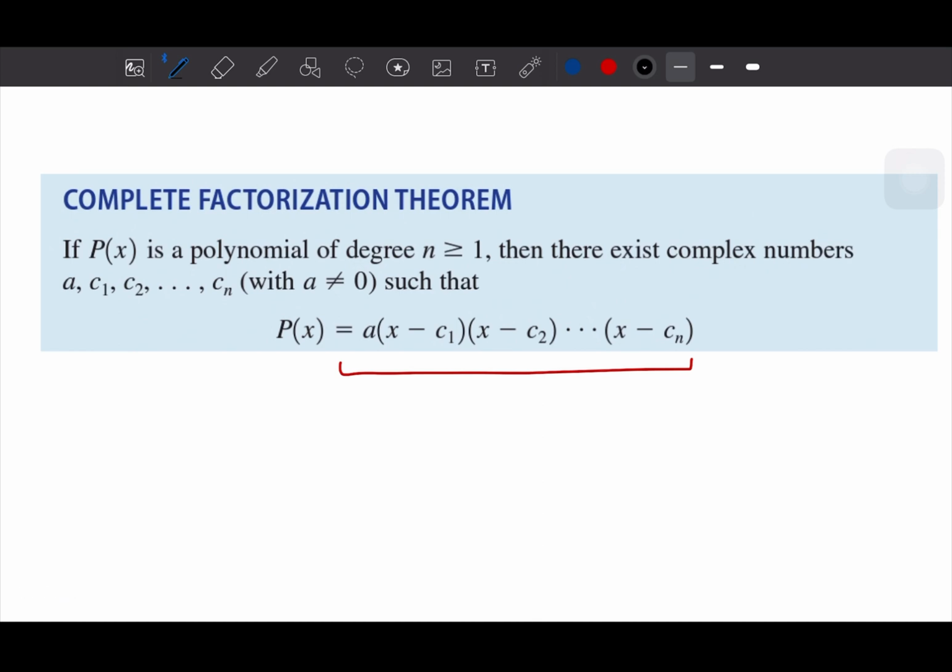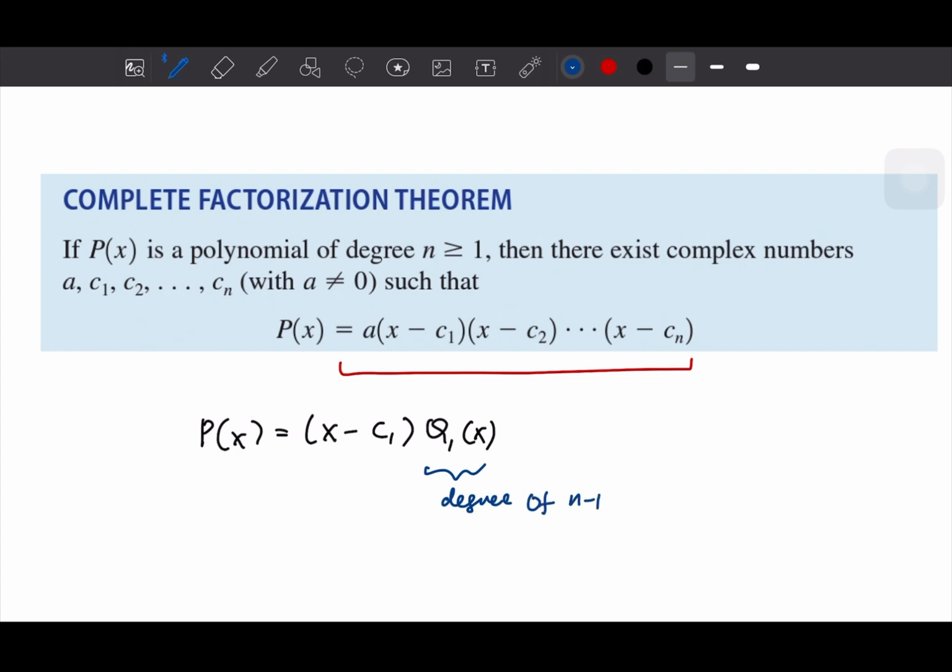Okay, let's say p has at least one zero, let's say it's c1. Let's write p of x as x minus c1, and then we have another function of x, q1. The degree of q1 is n minus 1.